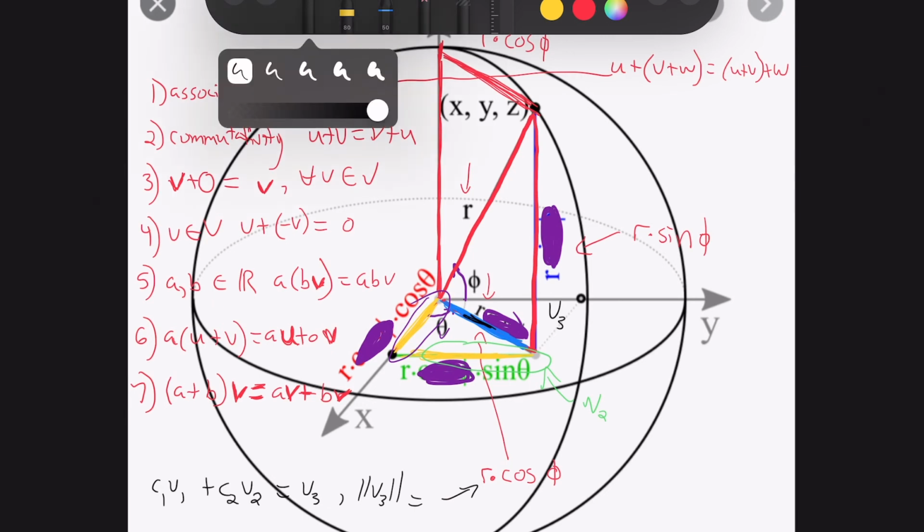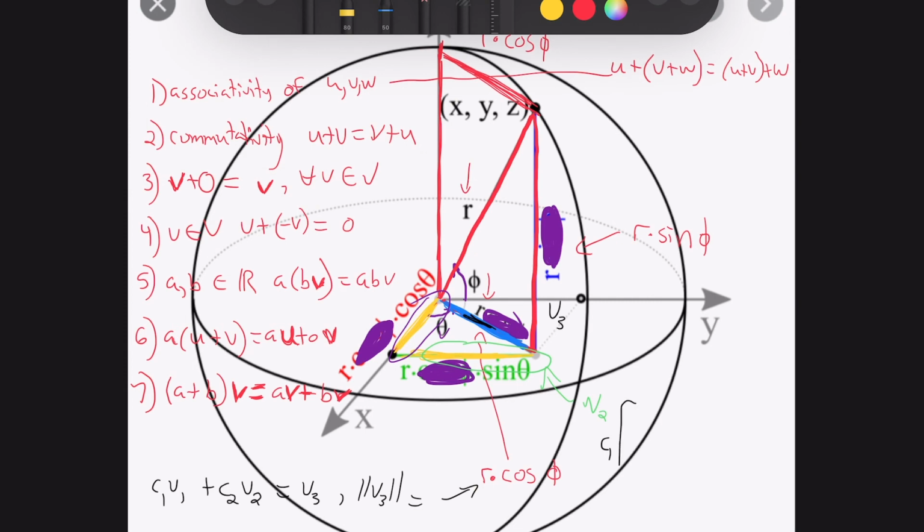So now let's start plugging in more of our knowns here. We had C1, we're going to write this in column vector notation. Vector 1, with what we have so far, well, these all had R on them, but we can just divide it out of our system. I'll just put it here for now.